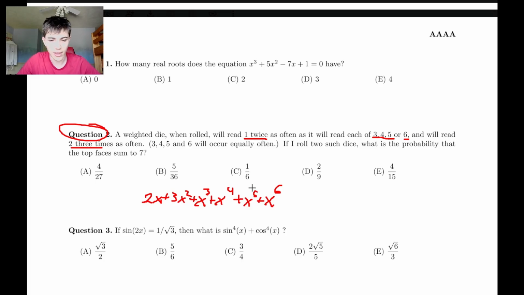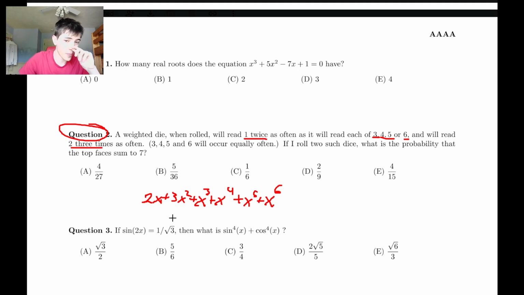So this polynomial is just a written down way to say that rolling a 1 has a weight of 2, rolling a 2 has a weight of 3, rolling a 3, 4, 5, and 6 will have a weight of 1.